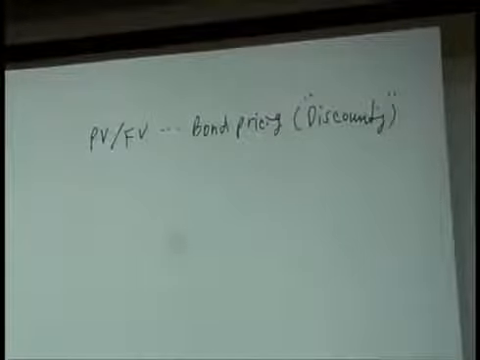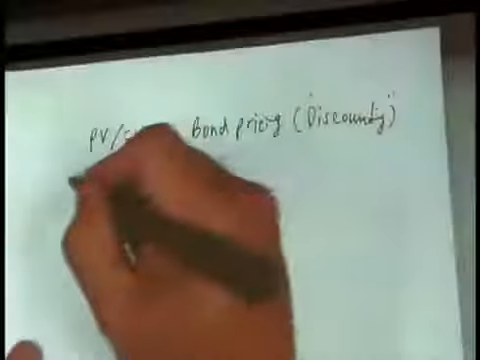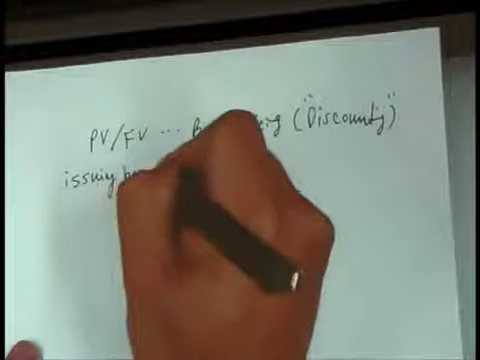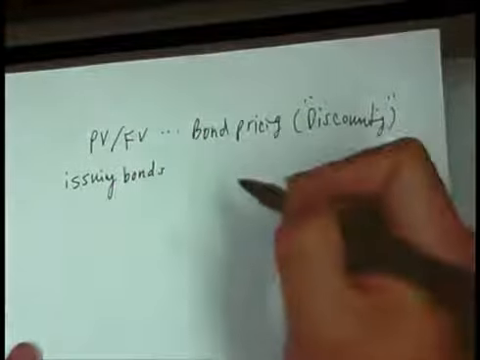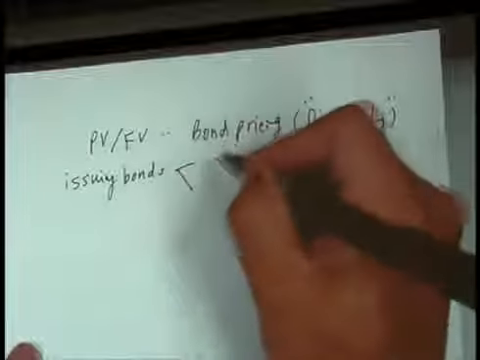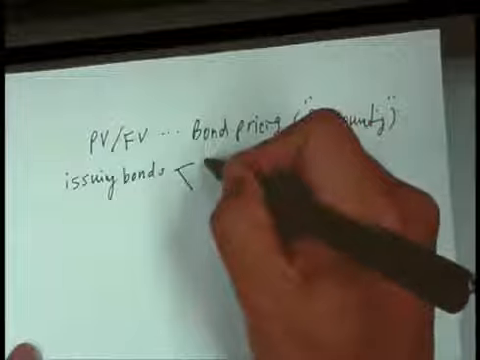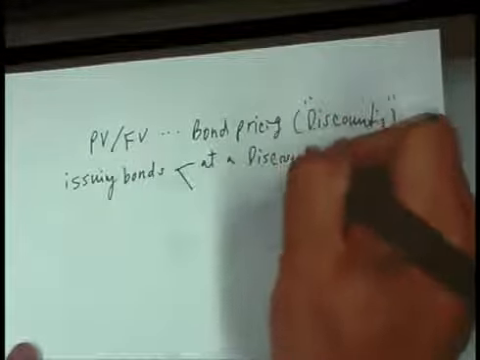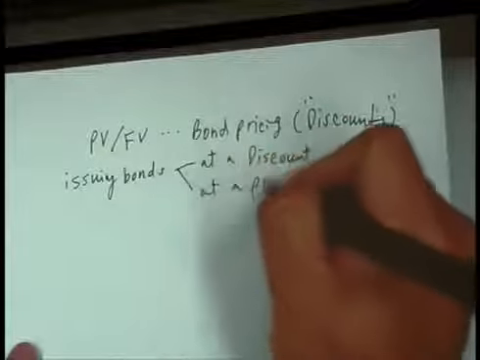That's the reason why we learned it. And today I'm getting into issuing bonds. Finally. I'm going to show you two different ways: at a discount and at a premium.